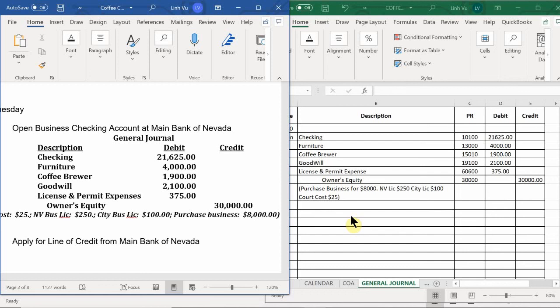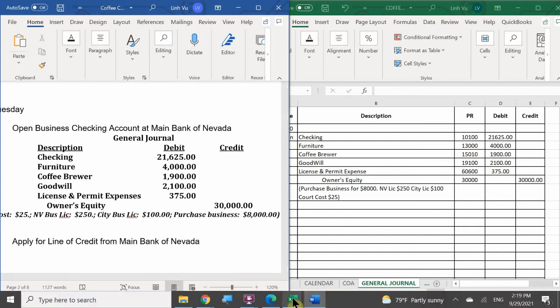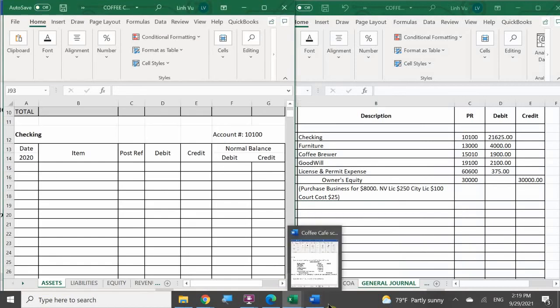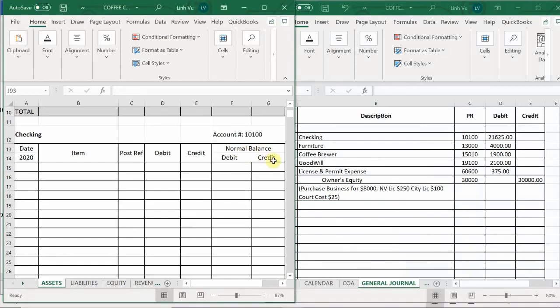So, what I want you to do here is now that I completed my journal, I now want to update my ledger, my general ledger account. Now, again, the general ledger account is exactly just like the journal, except you have account balances, right? Like the journal, you have a description, PR, and that's how the ledger looks, with the date, item, debit and credit, one with the balance.